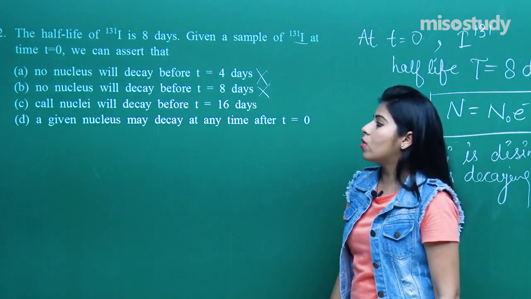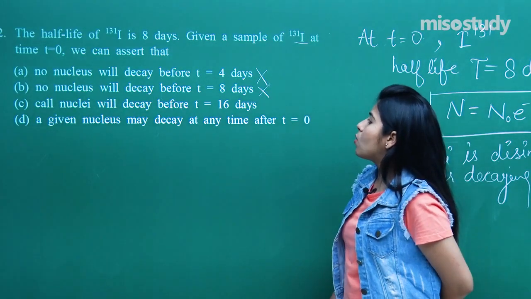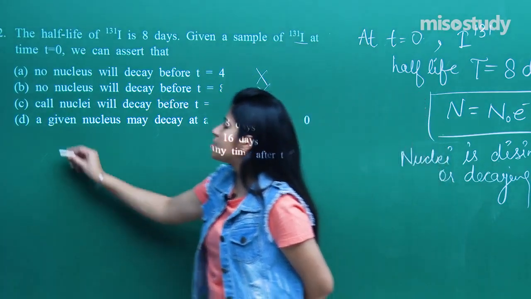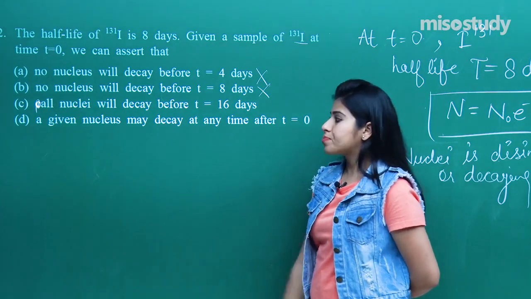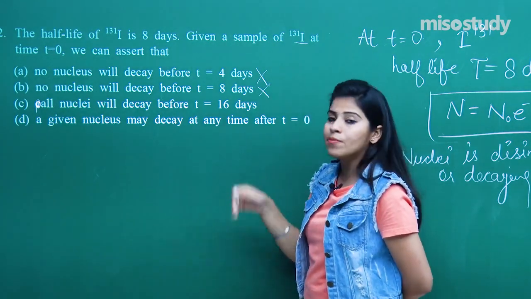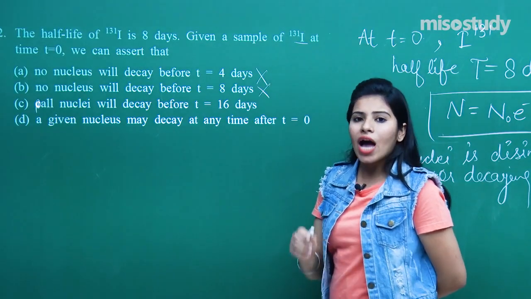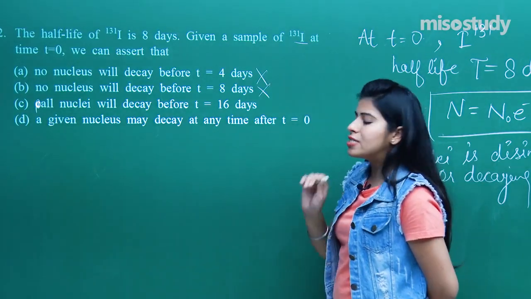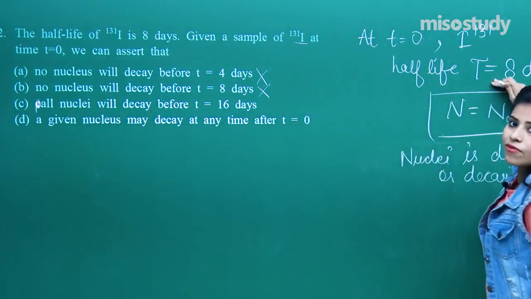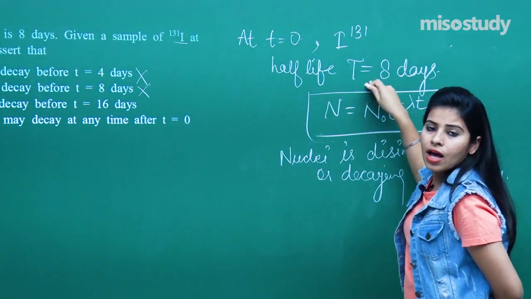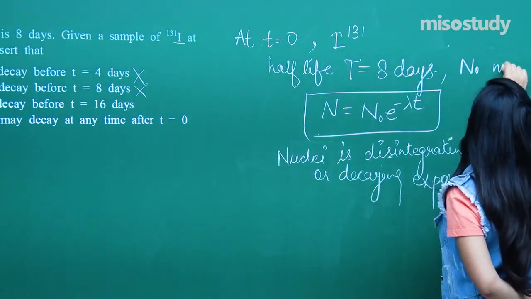Let us check the next one: all nuclei will decay before t equals 16 days. Now we have to check it out. Let me tell you, the half-life is 8 days, and suppose initially there were N0 nuclei.